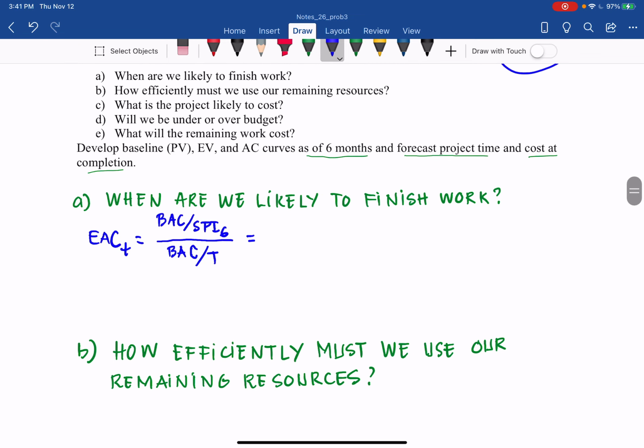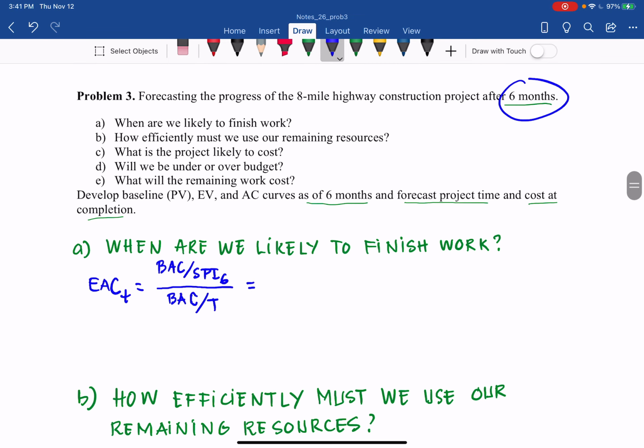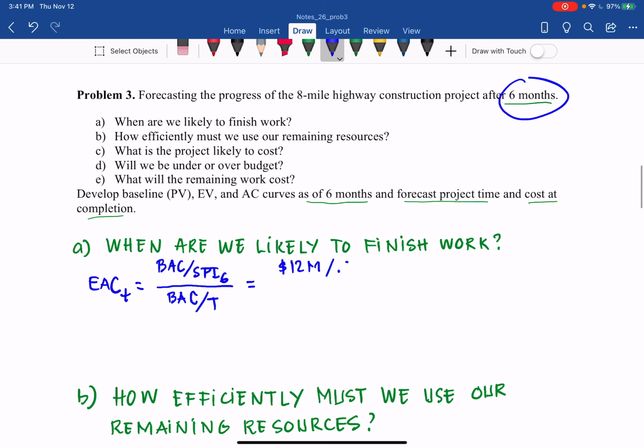So that we can have BAC 12 million, if you remember that is 12 million given in problem 1. SPI 6, like I say, is equal to 0.83, divided by the BAC, that is also 12 million, divided by the time, 8 months, that is the total for this project, and you get 9.6 months.